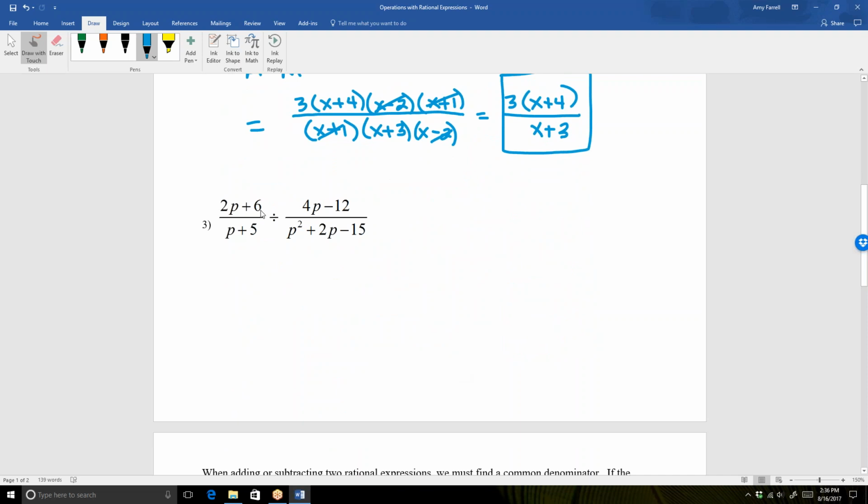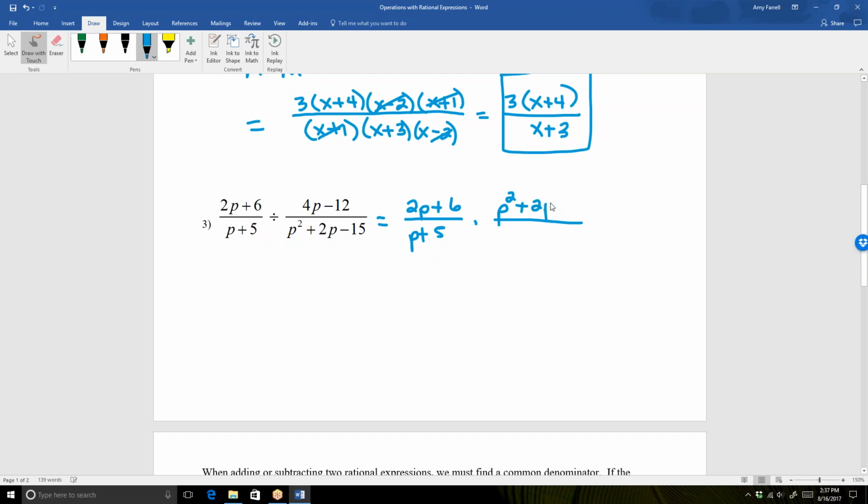Okay, before we move on to addition and subtraction, we're going to do one division problem here. So the two previous problems were multiplication. Now we're going to see division. The first thing I'm going to do is take the first rational expression and multiply it by the reciprocal of the second rational expression.